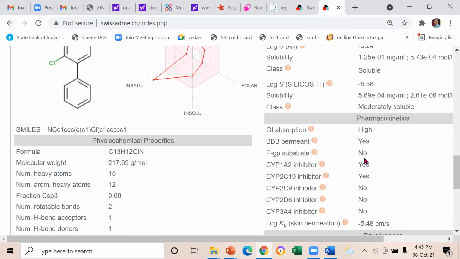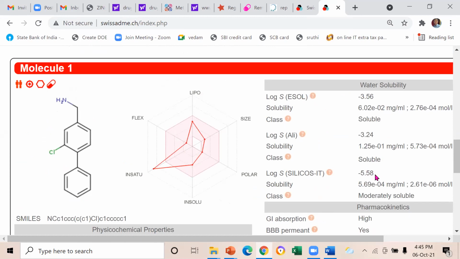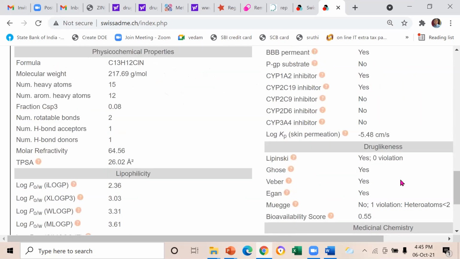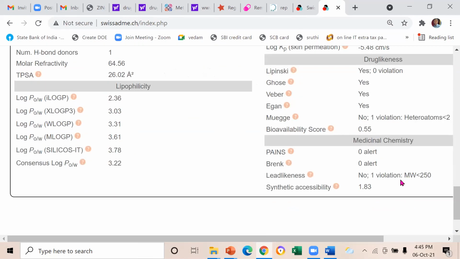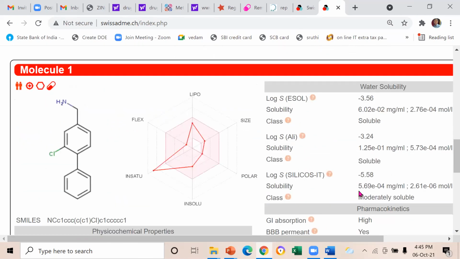See, some enzymes are going to biotransform this particular system actually. It's bad news. Moderately soluble because it's hydrophobic. Okay, so solubility has come down, not as good actually.